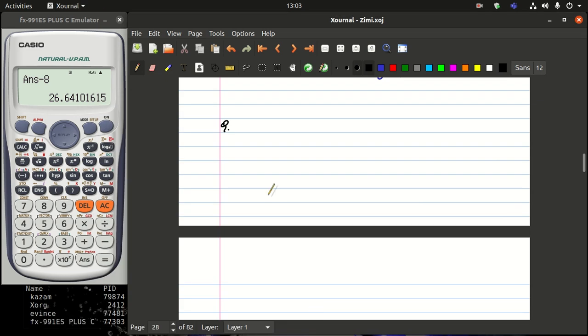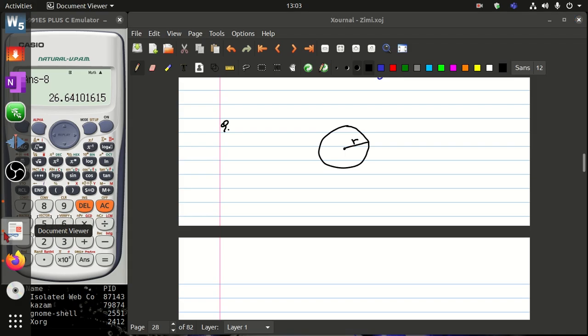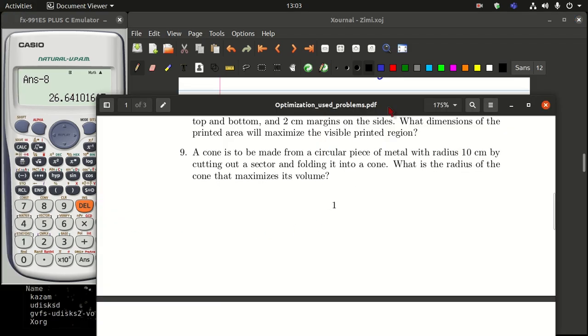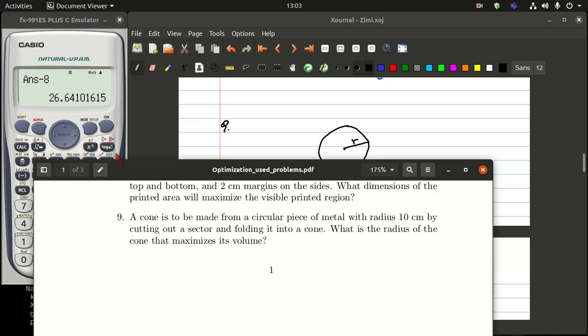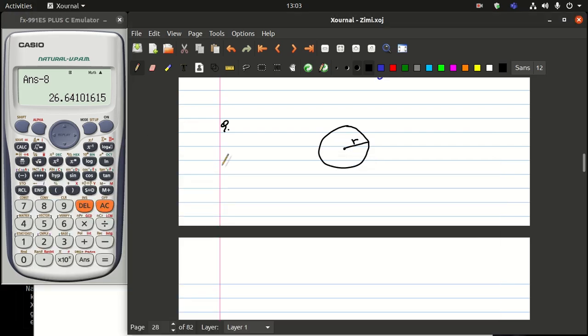So basically here we have a circular metal, and it has a center, and from the center to the outside we have a radius, and the radius in this particular problem is given as 10 centimeters. And now we want to cut this and then create a cone.